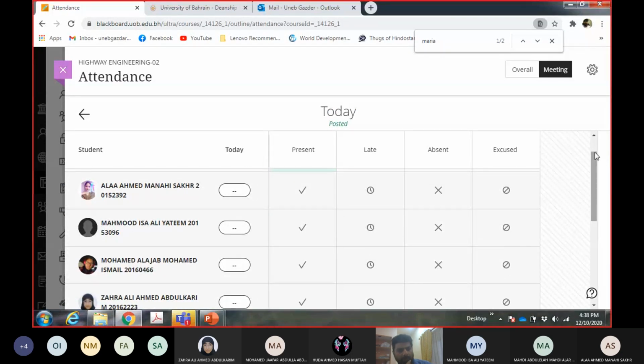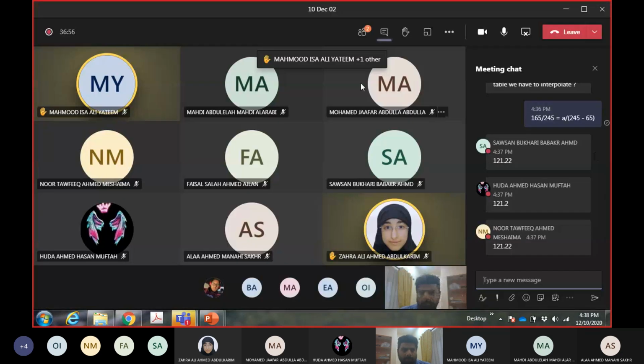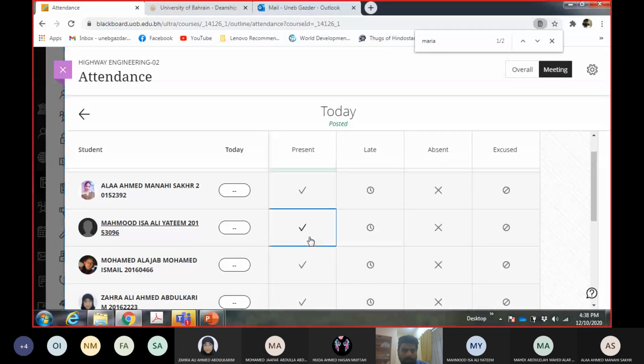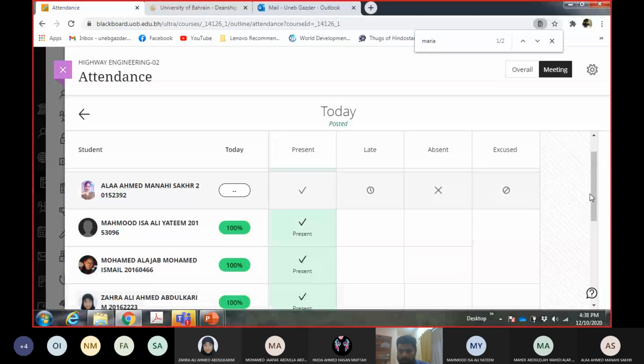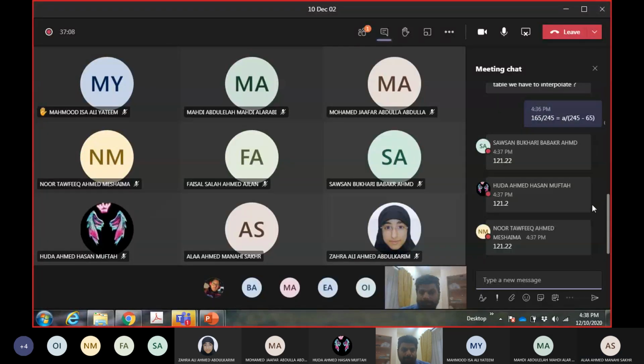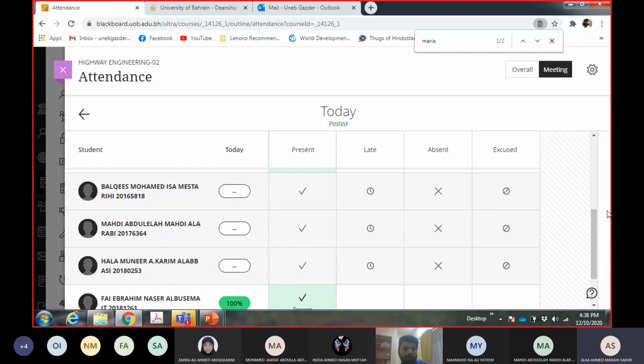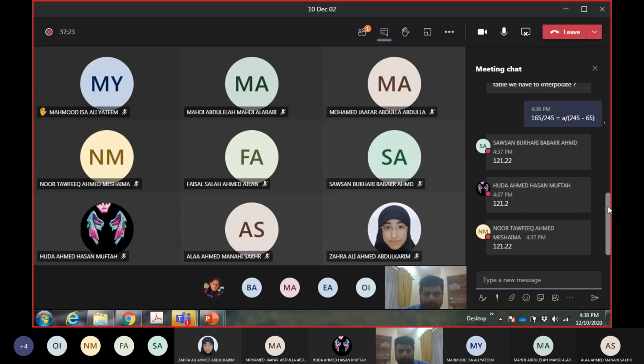Ala Ahmad, Mahmoud Isa, Muhammad Al-Ajab, Zahra Ali Ahmad. Zahra and Mahmoud and Muhammad Al-Ajab. Yes, doctor. Balkis Muhammad, Mahdi Abdullah, Hala Munir.